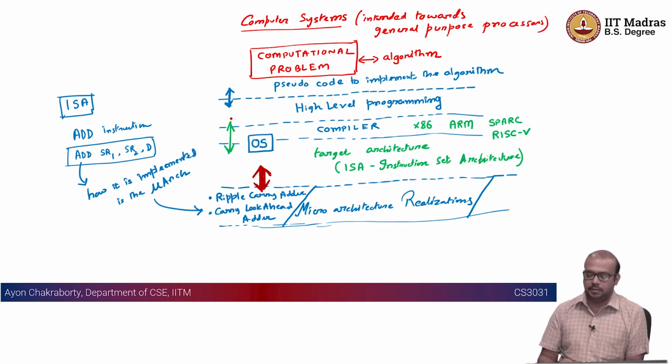So anyway, you need to understand the flow from pseudocode to a high level programming language to a compiler plus OS, which is targeted for the underlying instruction set architecture, and that ISA is basically implemented using a microarchitecture, right?